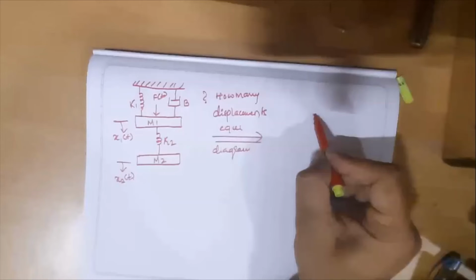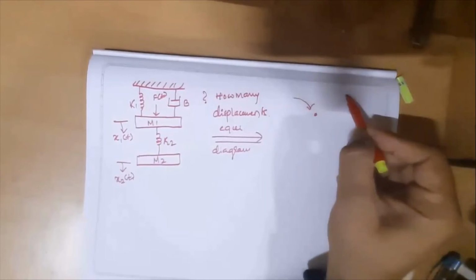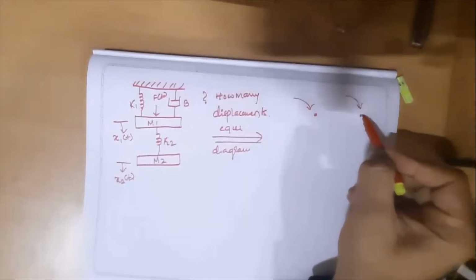So how many outputs do we have? We have two outputs. So without any doubts, just draw two nodes and name them x1 of t and x2 of t. So the first conclusion is there exist two nodes without any doubt.